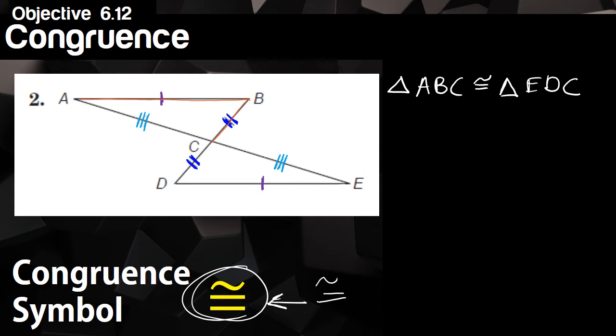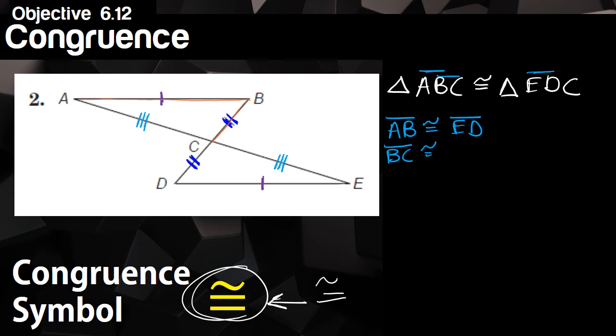So here we have, let's talk about the line segment AB. Line segment AB should be congruent to line segment ED on our bottom triangle, so it does. Let's go ahead and write that out. So our second line segment should be BC.